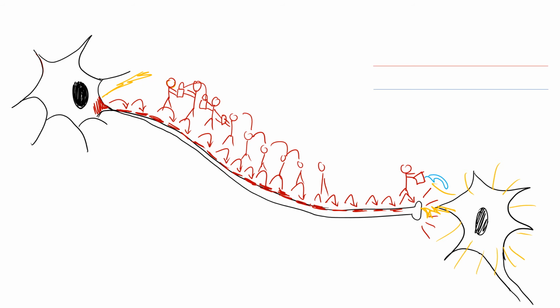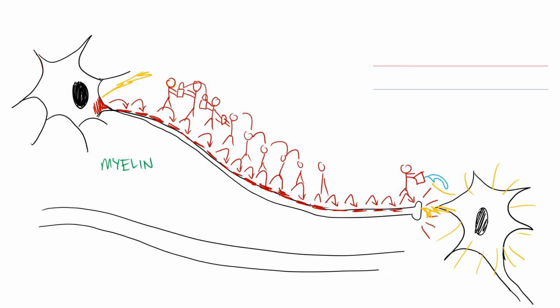So we now have this substance called myelin. Myelin is a fatty insulator. So what does it do? Let's draw another axon. Basically what myelin does is it coats certain areas, or particular areas of your axon.